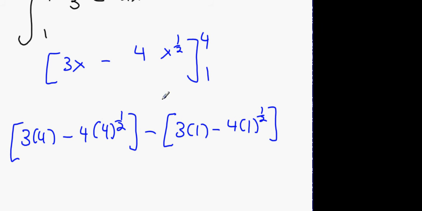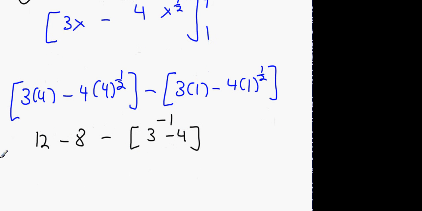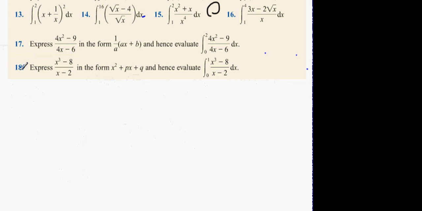Okay, and what do we get now? 12 minus 4 times that, it's 8 by the way, you can use your calculator. And then minus 3 minus 4. What's 3 minus 4? Minus 1. What's minus minus 1? Plus 1. 12 minus 8 plus 1, and the answer there should be 5.